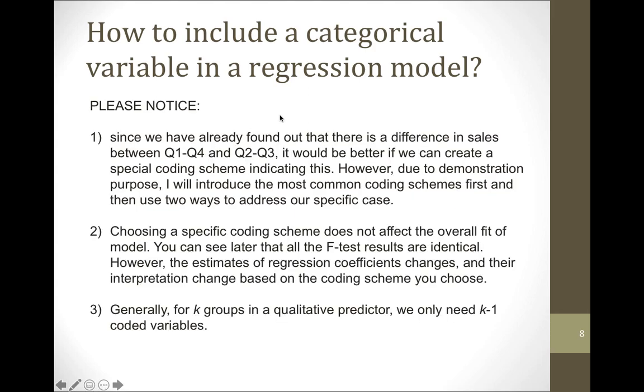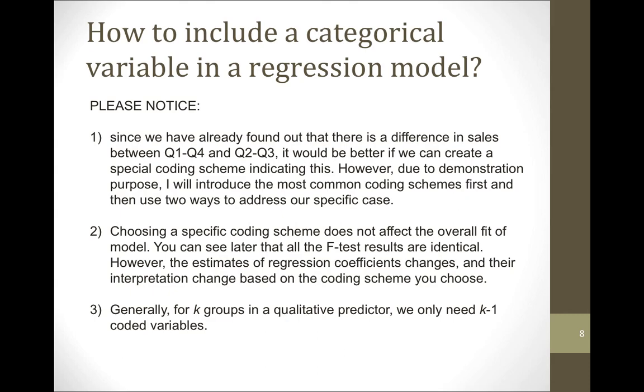First, as we already talked about, we can make a new variable out of this. Second, choosing a specific coding scheme does not affect the overall fit of the model. You can see later that all the F-test results are identical.